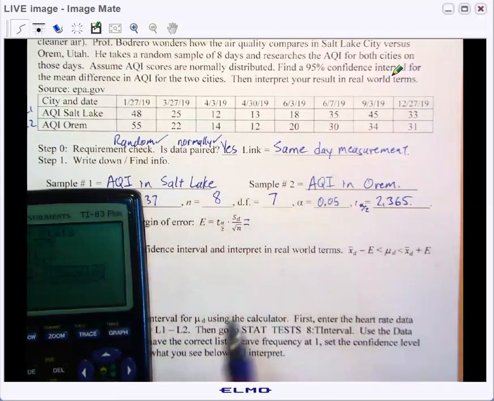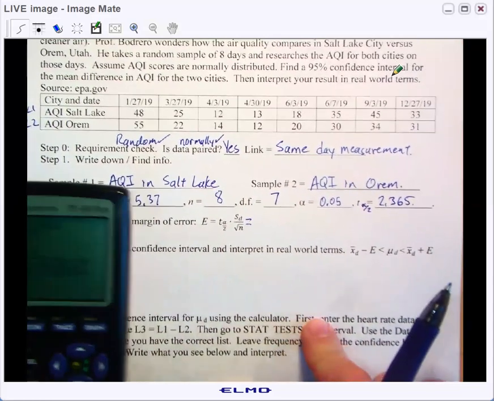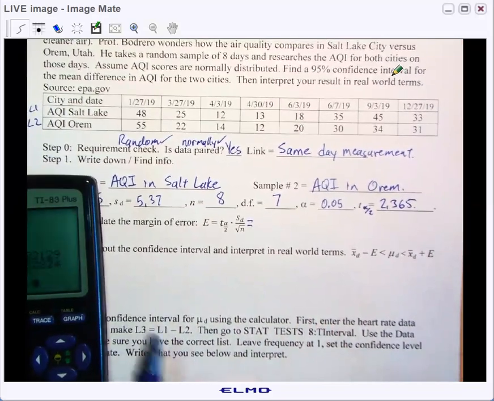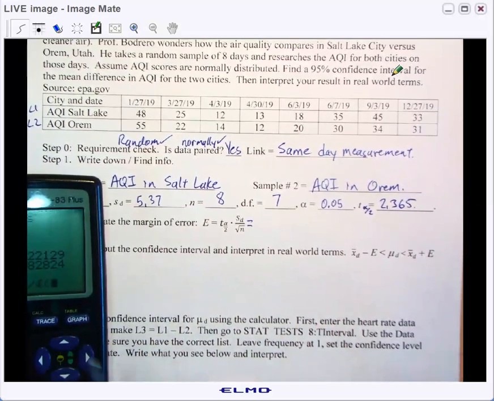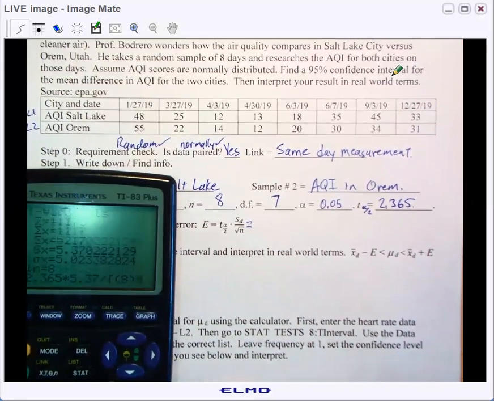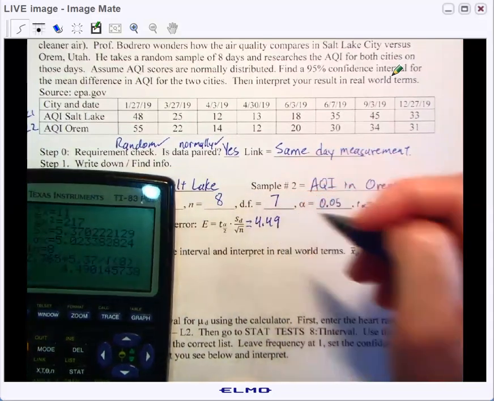So 2.365 times our sample standard deviation of 5.37 divided by the square root of 8. And let me slide that on there. So our margin of error should be 4.49.